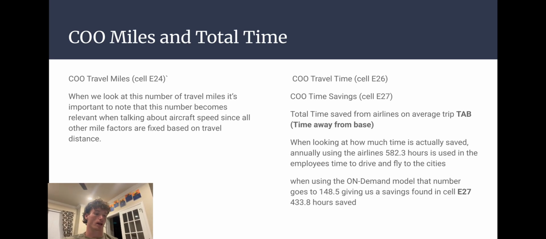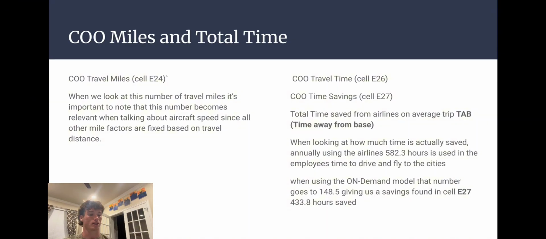The other one we're looking at is cell E26 and E27, which is travel time and then time savings. That's essentially just taking your total time spent traveling at the airlines versus your total time spent traveling with the on-demand model.